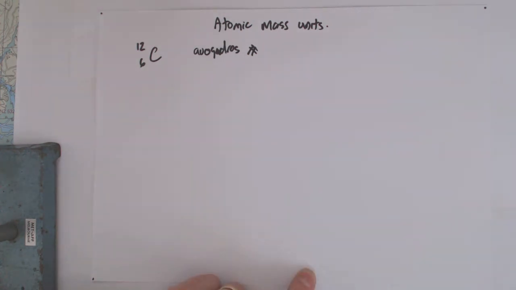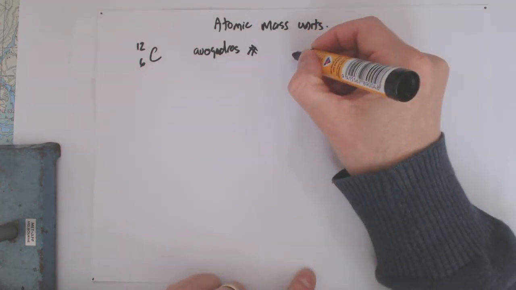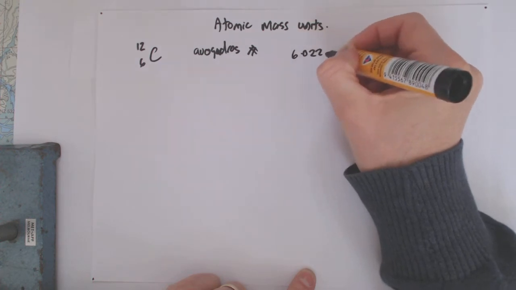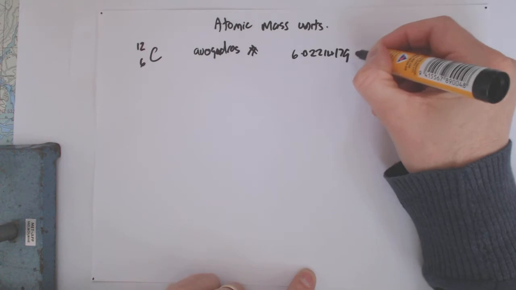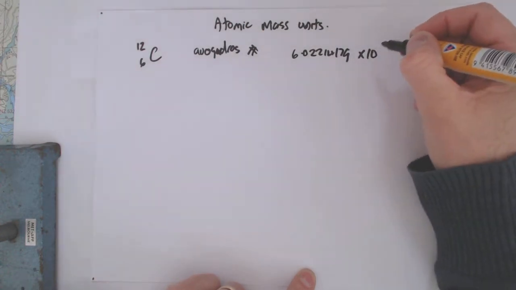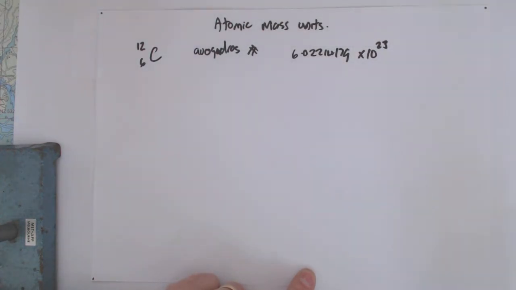So Avogadro's number, let's just have a look at my notes, it's been a long time since I did chemistry, is 6.022 times 10 to the 23. Now that many atoms will give you 12 grams.